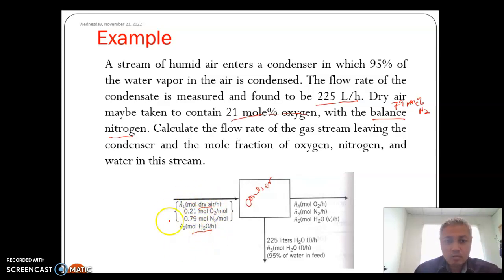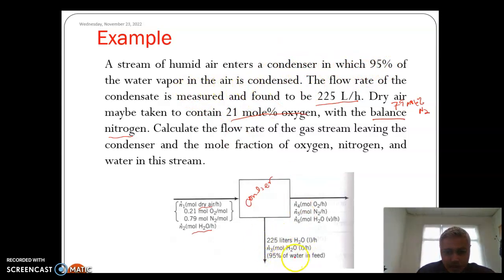So this whole stream is humid air, but we have dry air mixed with water, and then 95% of the water vapor in the air is condensed, means here we have one product, 95% of water in feed, so we can label as N3, and that means flow rate. So we have mole H2O liquid per hour because this is condensate, and then we have N1 as mole dry air per hour because we don't know what is the flow rate of mole dry air, and then we have mole of H2O, also we don't know, that's why we label as N2.